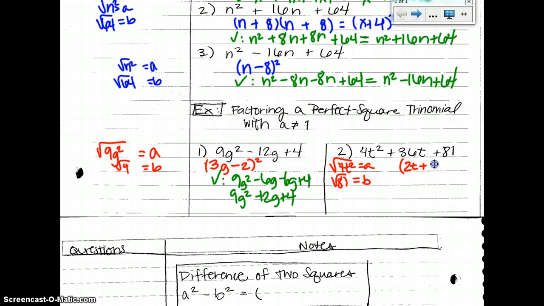Square root of 81 is 9. So the quantity 2t plus 9 squared is our answer. Let's check this. We would have 4t squared plus 18t plus 18t plus 81.